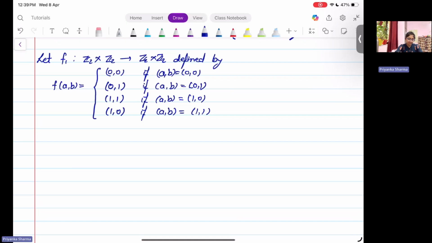Because we need some non-identity automorphism so that we can check the possibility of non-commutativity.